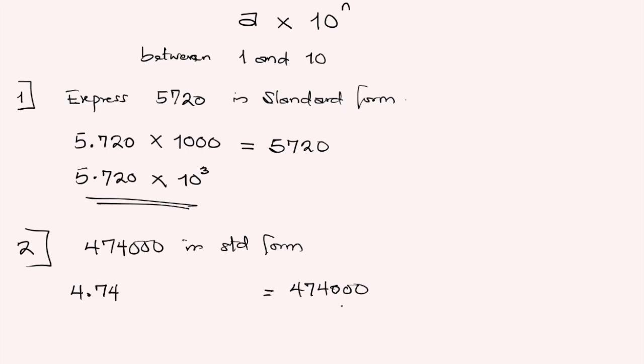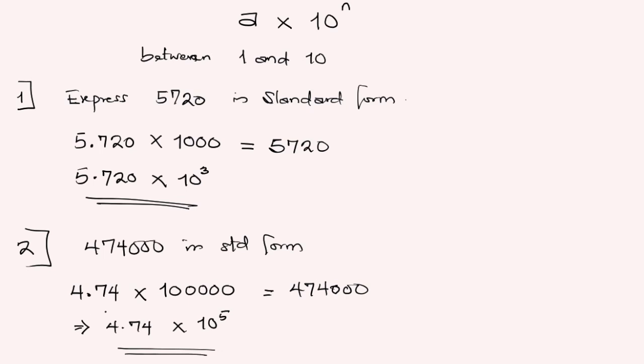And what do we need to multiply 4.74 by to give us what we have here? You notice that we have moved the decimal point 1, 2, 3, 4, 5 places. So we can multiply this by 100,000 to get 474,000. And that's going to result in the standard form as 4.74 times 10 raised to the power 5.